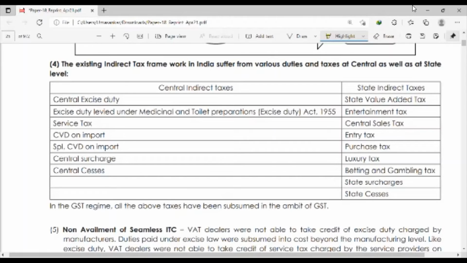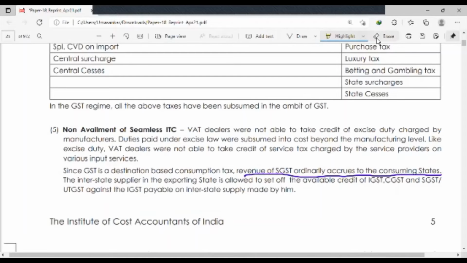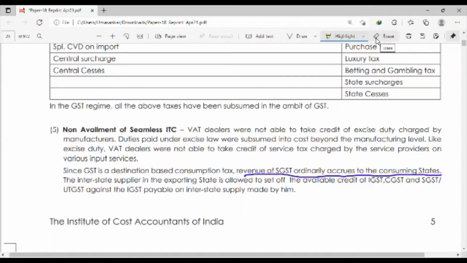Okay. Now we'll go a little further. Non-availment of seamless credit means VAT dealers were not able to take the credit of excise duty charged by the manufacturer earlier. Now in GST, as it is a destination and consumption based tax, the revenue of SGST ordinarily accrues to the consuming state. See, earlier when a dealer purchased from the manufacturer, he used to bear the excise duty and he could not take the excise duty credit.